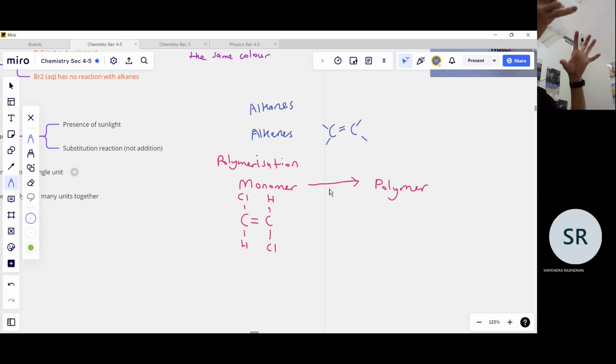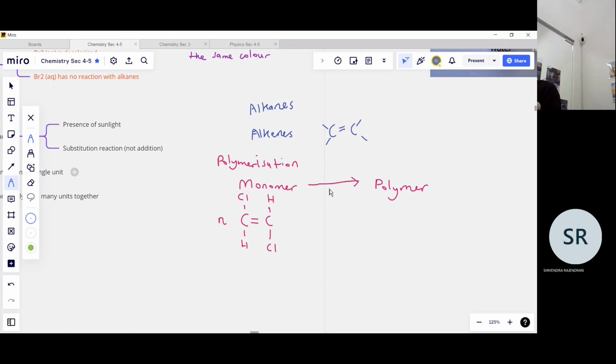So I have a lot of this together. Now I want you to write down, how does the polymer look like? How do you want to draw the polymer? I give you n molecules of this molecule. How do you want to draw the polymer?